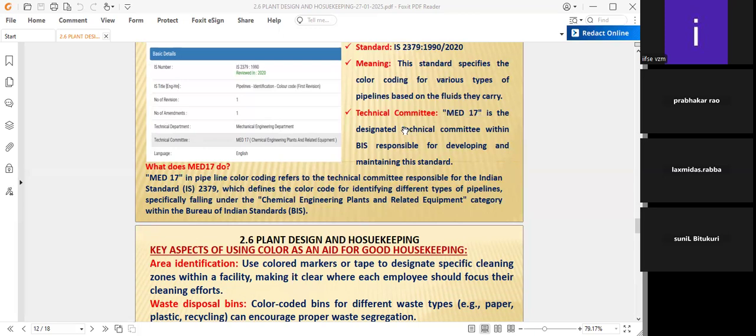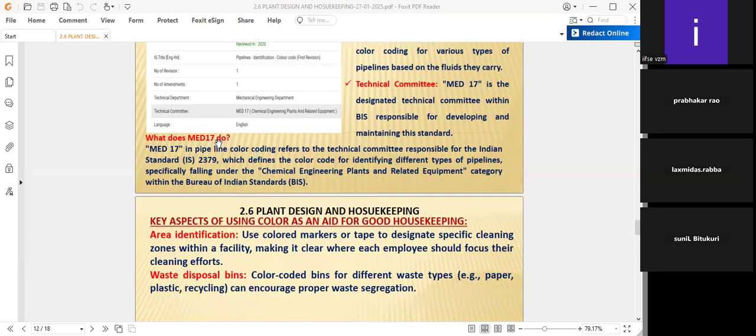It is designated as the technical committee within the BIS responsible for developing and maintaining this standard. The technical committee will take care of all this.